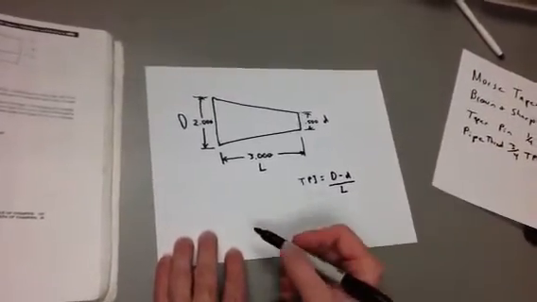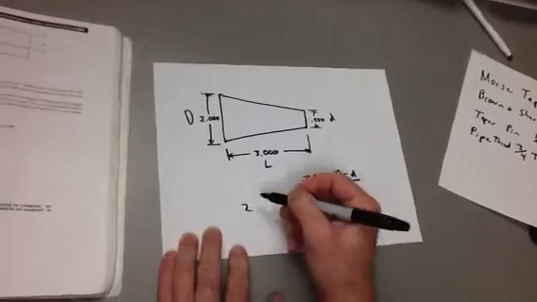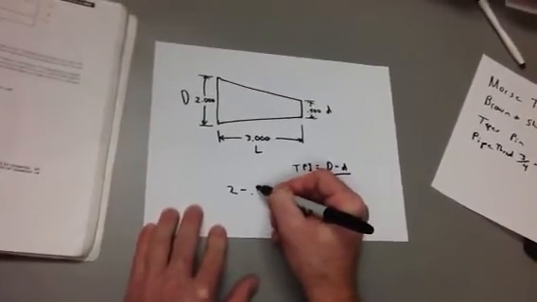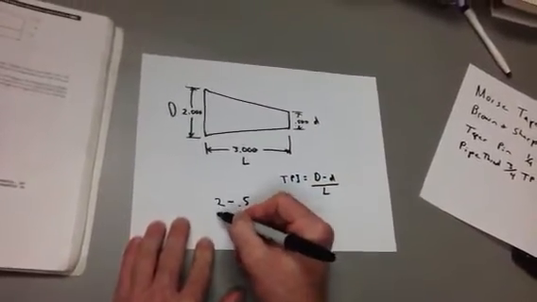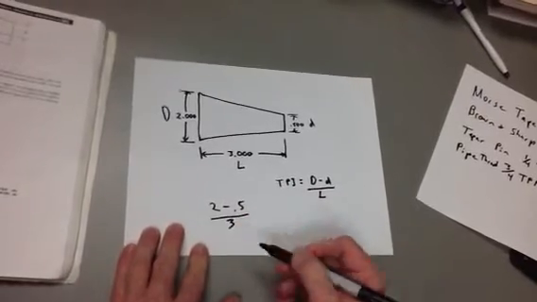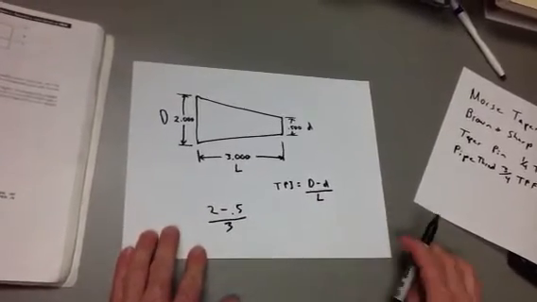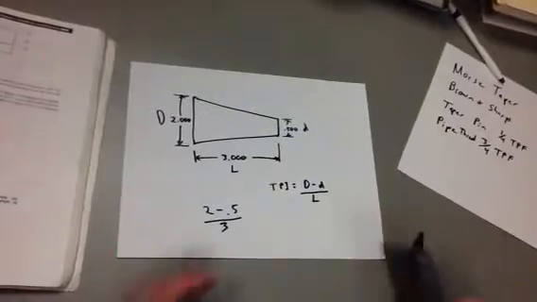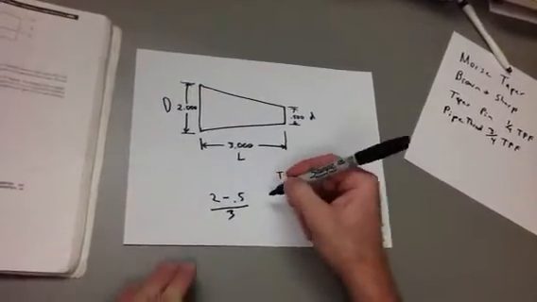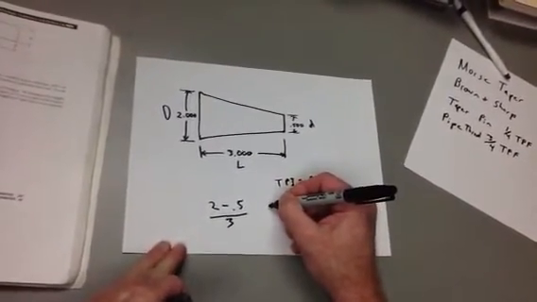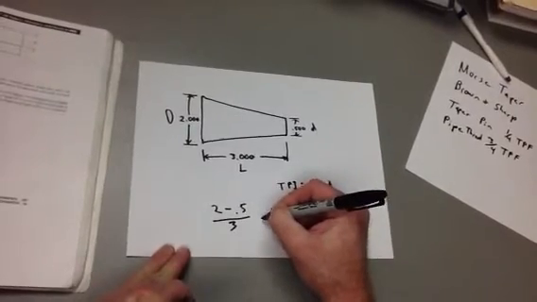Alright, so if I took 2 minus 0.5 divided by 3. Of course, 2 minus 0.5 is going to be 1.5.